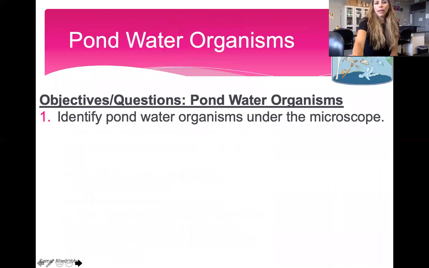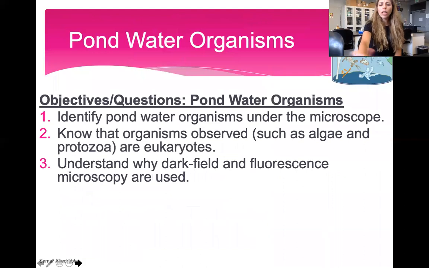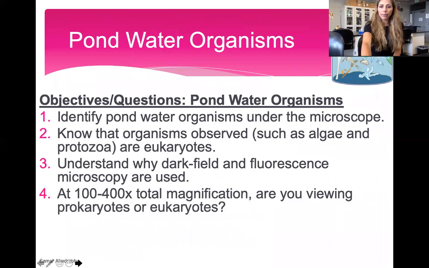Finally, what I want you to focus on from this lab is to know what pond water organisms look like under the microscope. It's basically a mixture of a lot of things. Know that you're looking at eukaryotes mainly, because in this lab, I don't ask anyone to go to oil immersion. Most of the organisms you can see at low magnifications. Know why dark field and fluorescence microscopy are used, and that's mainly because our organisms are transparent.